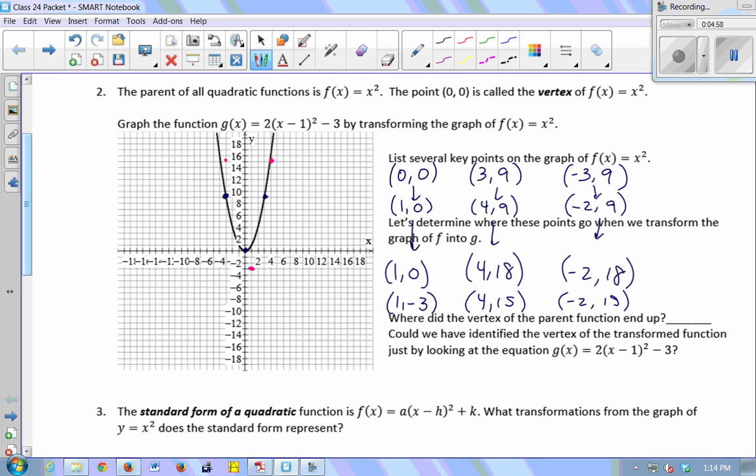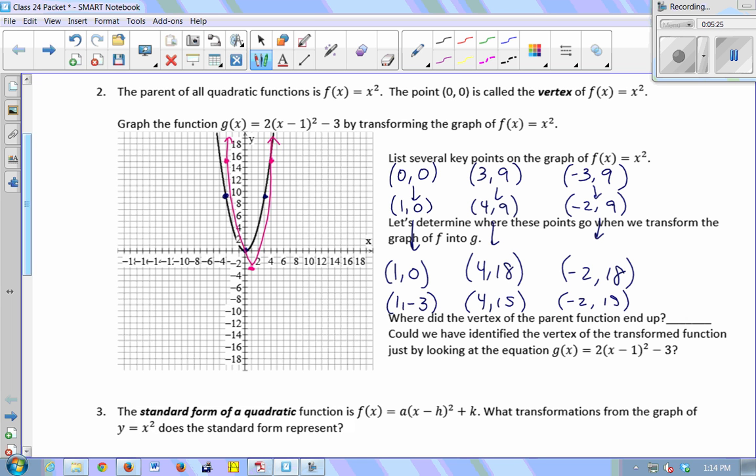There we go. Okay, so when I connect these, I get my new function, g, that is a transformation of f.